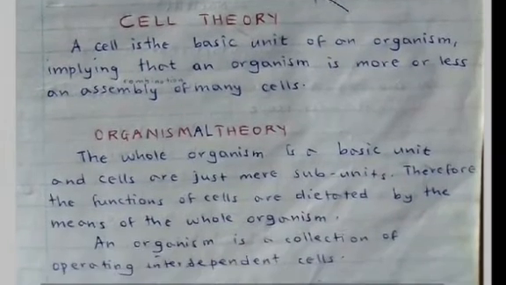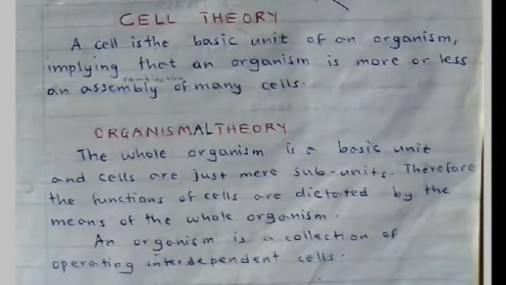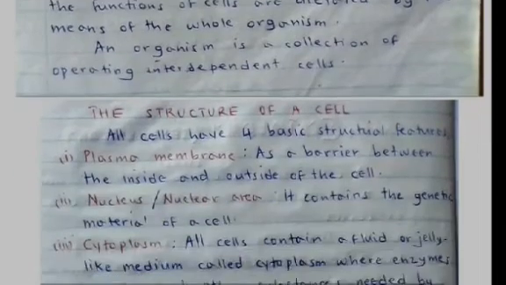So now we need to know the cell theory. A cell is the basic unit of an organism, implying that an organism is more or less an assembly of many cells. Since it is the basic unit of an organism, we are made up of many cells at the same time. Now we have the organismal theory.